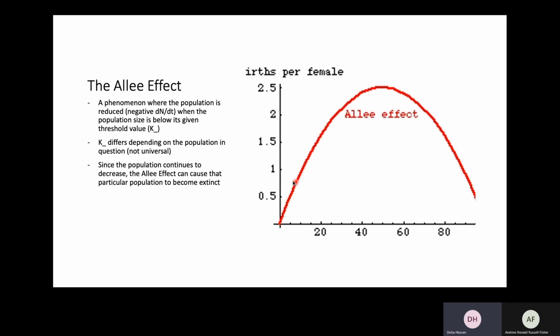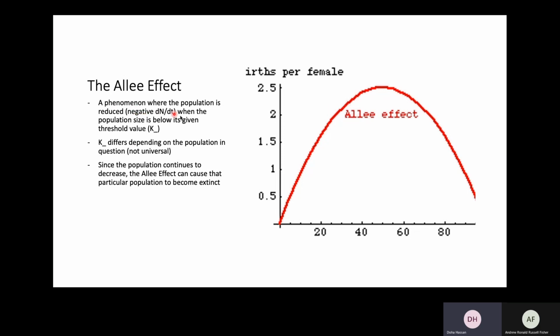So this threshold value is a certain number depending on the population. And if this population never goes anywhere near it, or if it's way below this threshold value and never ends up going above it, sometimes the Allee effect can come in and reduce the population growth or reduce the size of the population as a result of not being able to reach that threshold value.